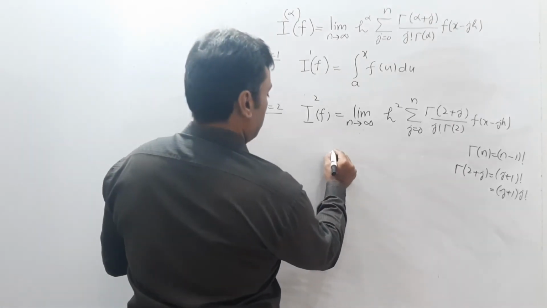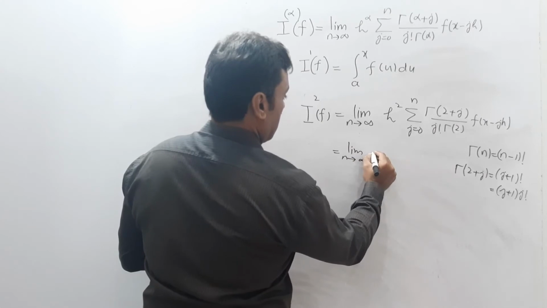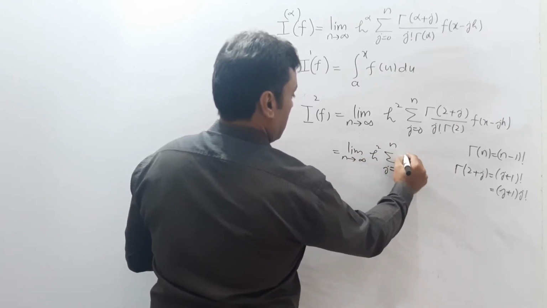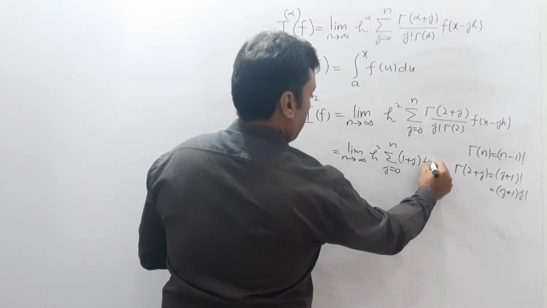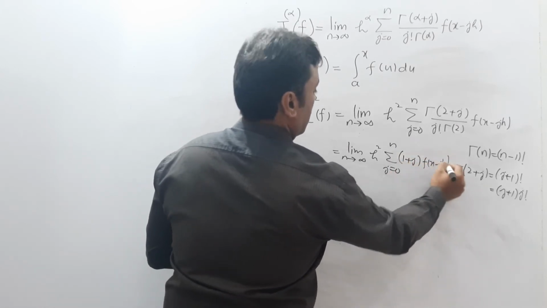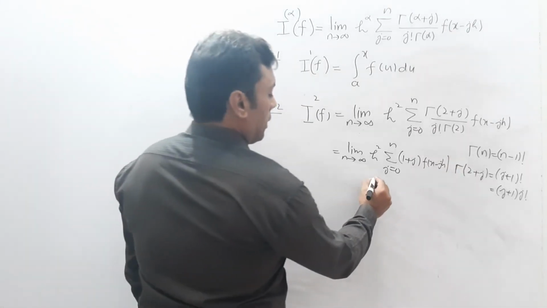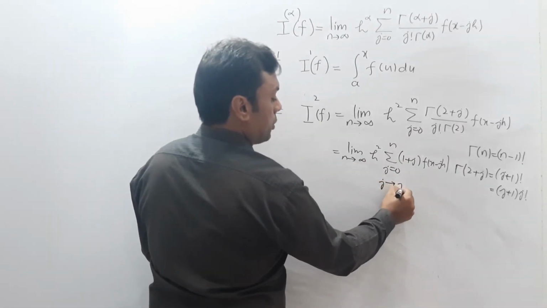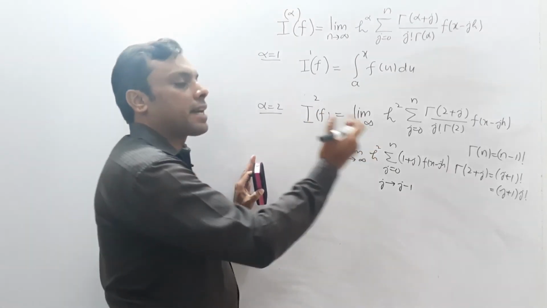So this becomes limit n tends to infinity h square summation j from 0 to n of j plus 1 into f of x minus jh. This is what I am left with. Now in this summation, I replace j by j minus 1, just making one index before.